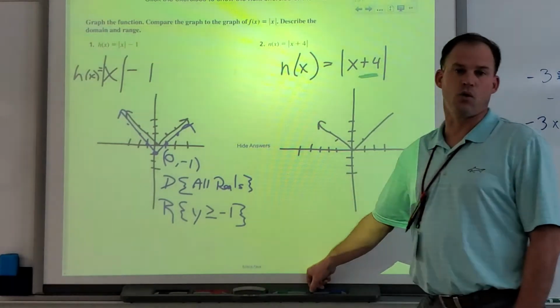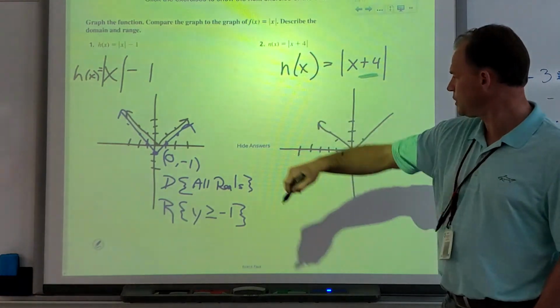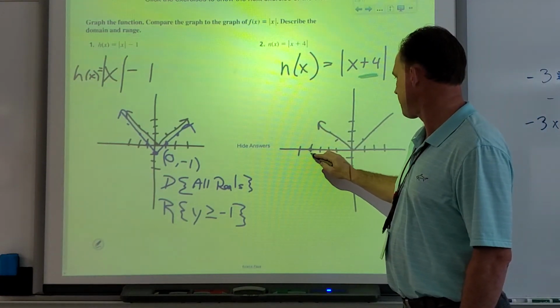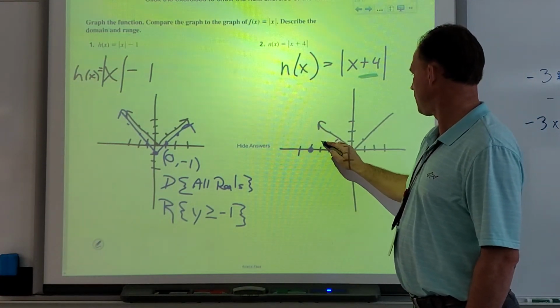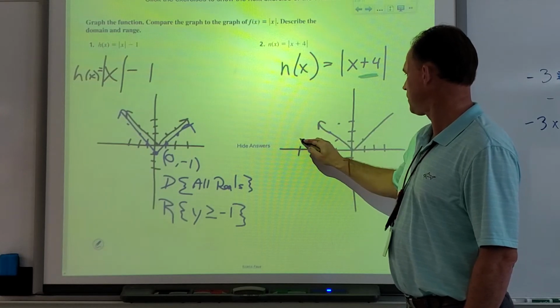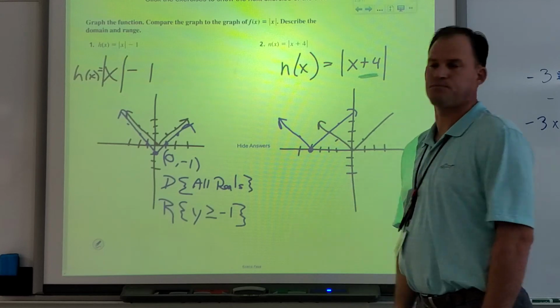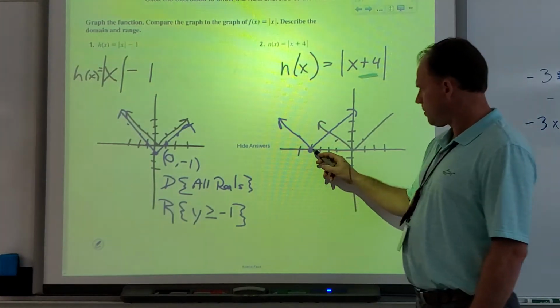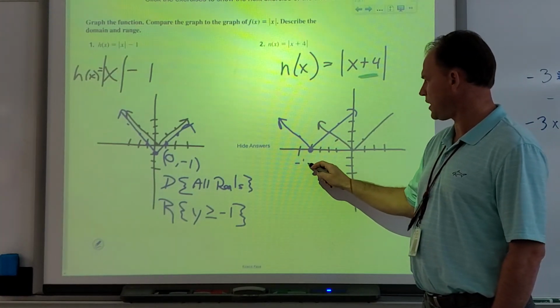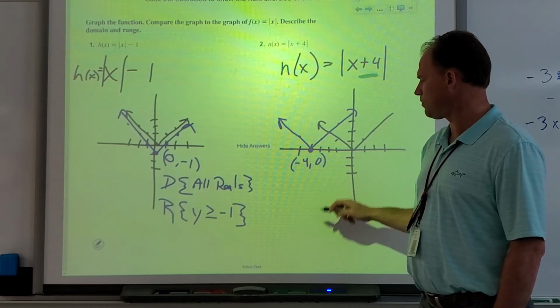Now I'm going to take the whole thing and go left 4. So now my vertex is -4, 0.